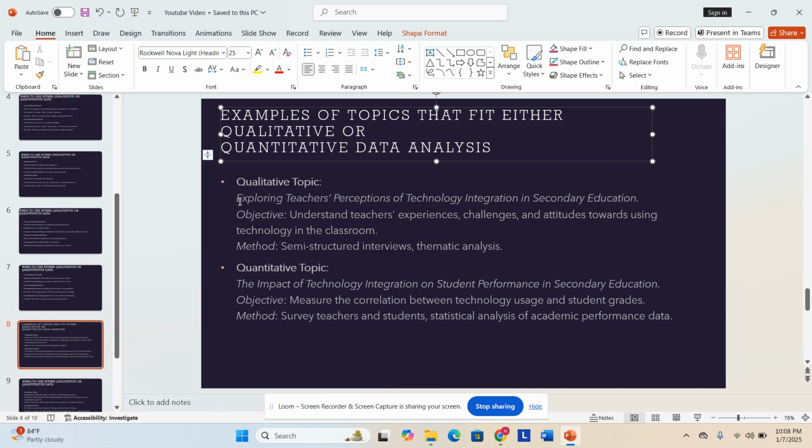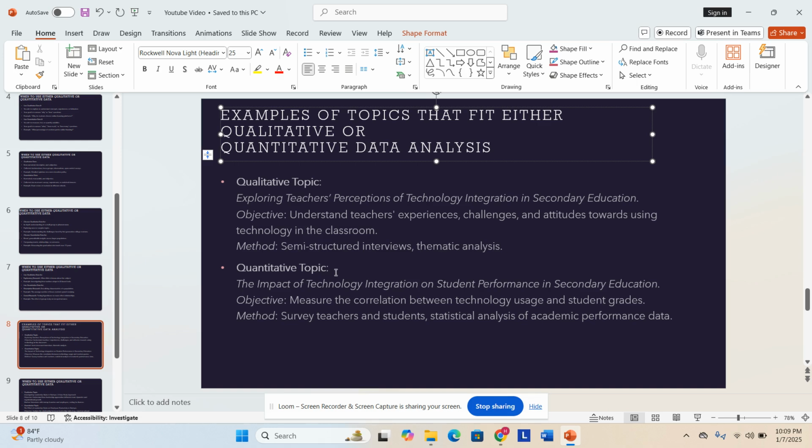By saying exploring already, you are telling us that you want to explore their perceptions. It's not numerical. You can't explore their perceptions by giving a numerical data analysis. Now, the objective here is that you want to understand teachers' experiences, challenges, and attitudes towards using technology in the classroom. So, with that, you want to use semi-structured interviews, and your analysis is going to be thematic.